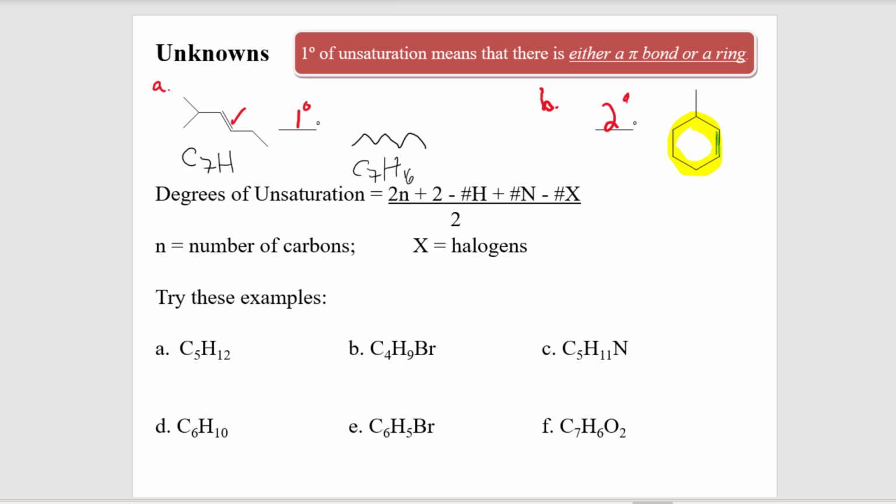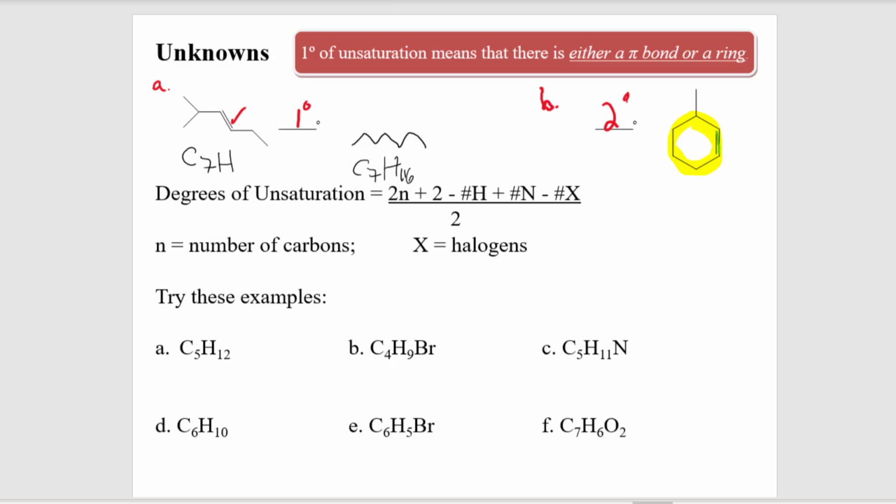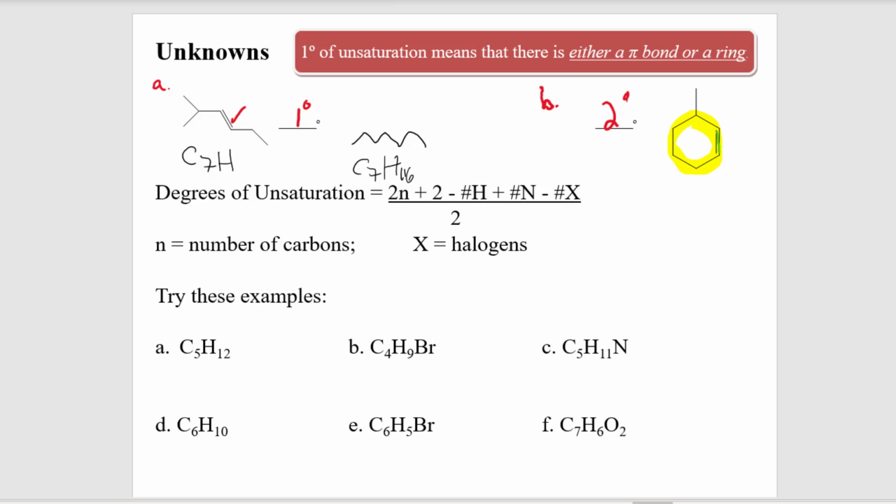C7 in its saturated state would have 16 hydrogens. That's total saturation with hydrogen. Because I added a double bond, let's count the hydrogens: 1, 2, 3, up to 14. Well, if 16 hydrogens is saturated for 7 carbons, then when I have 7 carbons but 14 hydrogens, I am unsaturated by 1 degree. That's what the meaning is, okay?